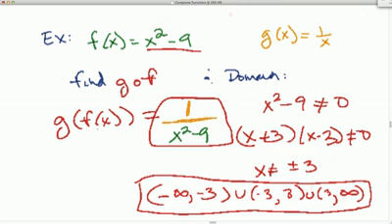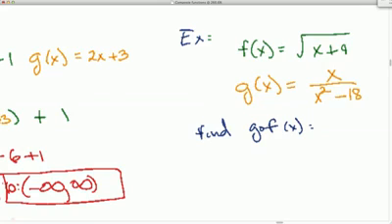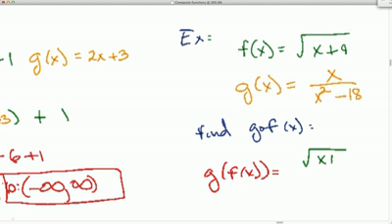One last one. This one's going to be a little bit more challenging. Here we have two functions. I'm just going to do it in red this time. So if we're doing g of f of x, actually I'll use colors. So we got f of x being plugged into g of x, so we've got the square root of x plus 9 over the square root of x plus 9, and technically that line should be in orange because the parent function is orange, g of x.